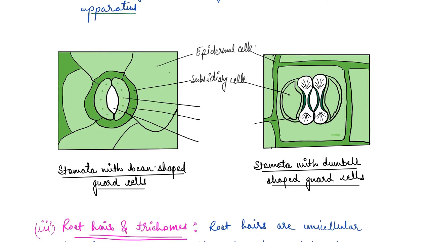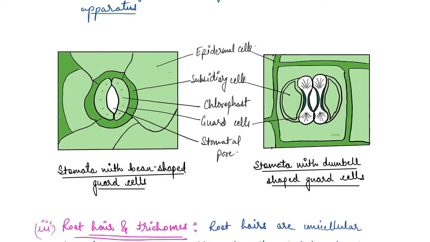Then the dots that you see are chloroplasts. Then we have guard cells. And inside is the stomatal pore, right? So this is the stomata.